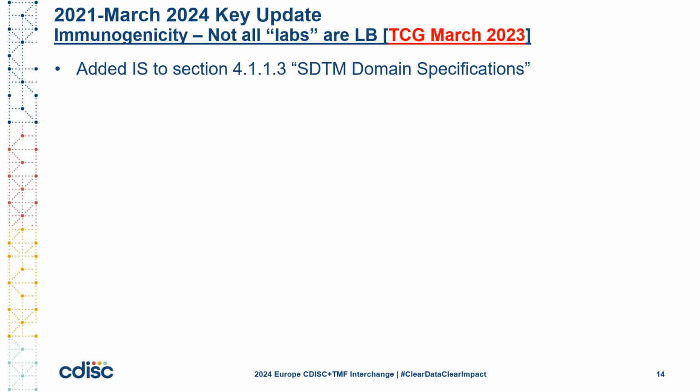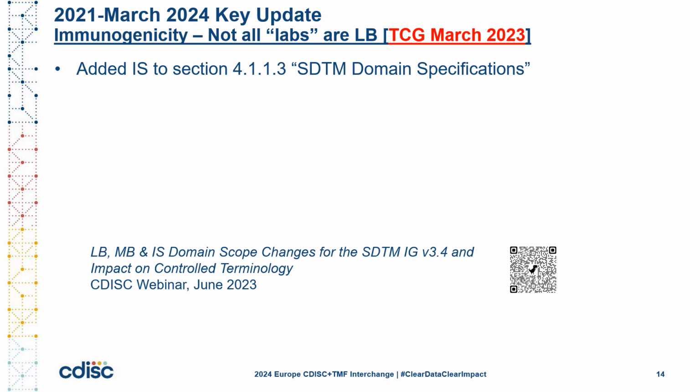Let's go to March 2023. The FDA introduced some specific requirements for submitting immunogenicity data through the immunogenicity domain. If you missed it, I recommend watching the CDISC webinar from last June, where some changes occurred with version 3.4 of SDTM, and also in the controlled terminology.